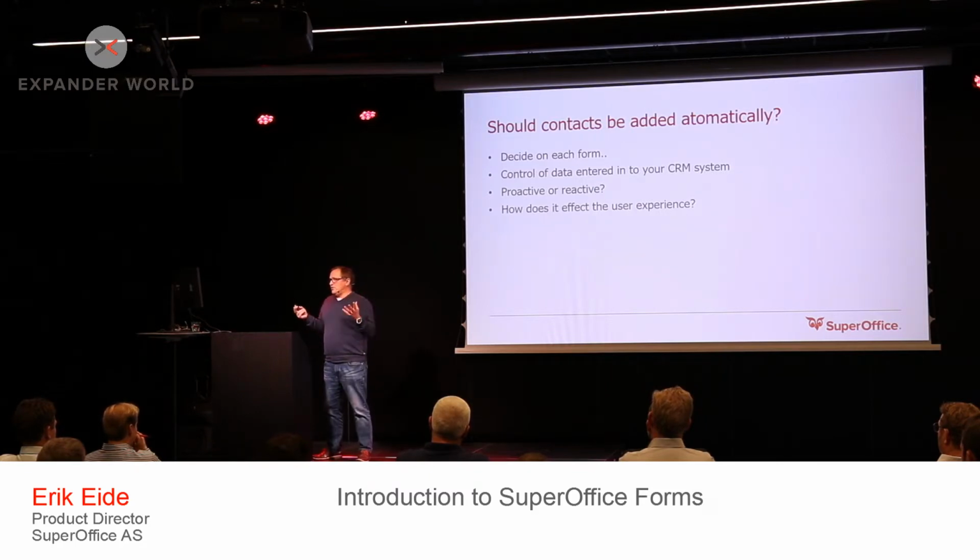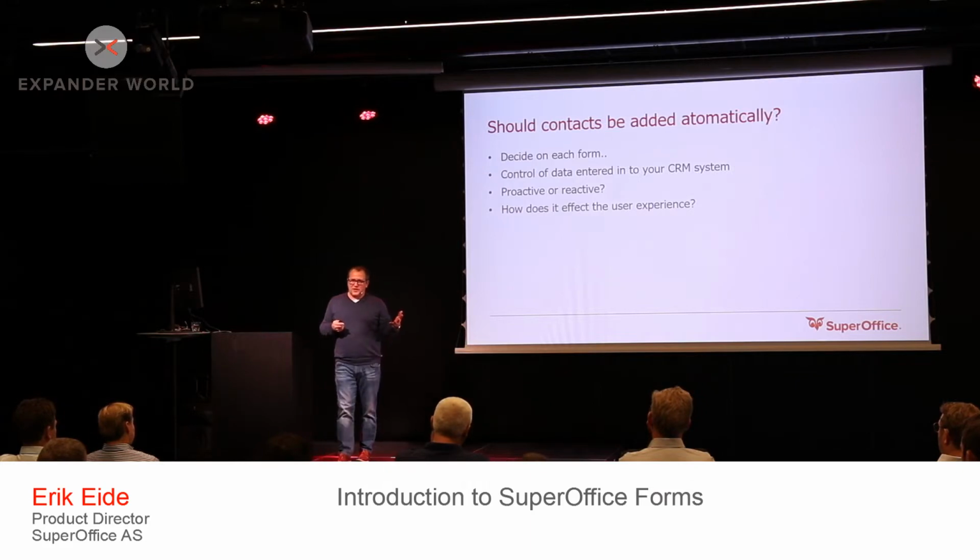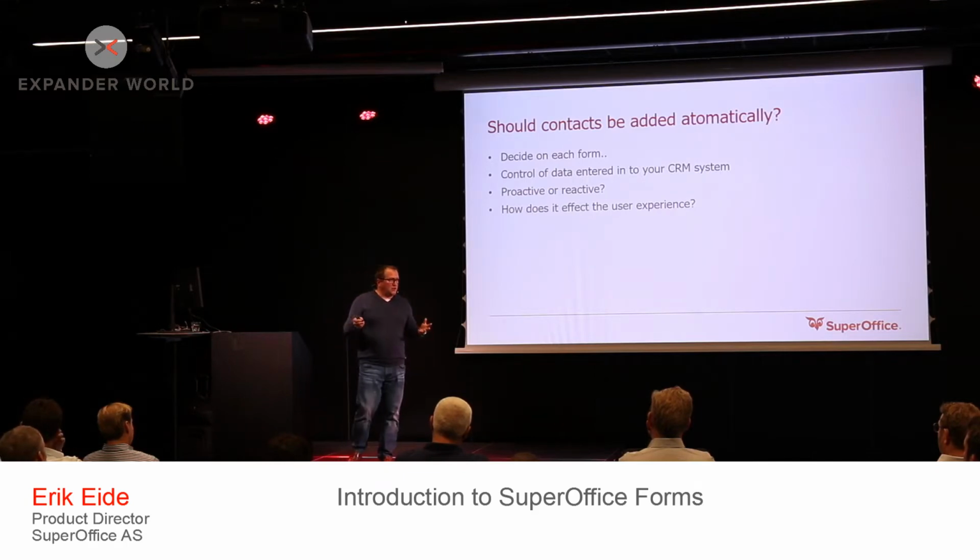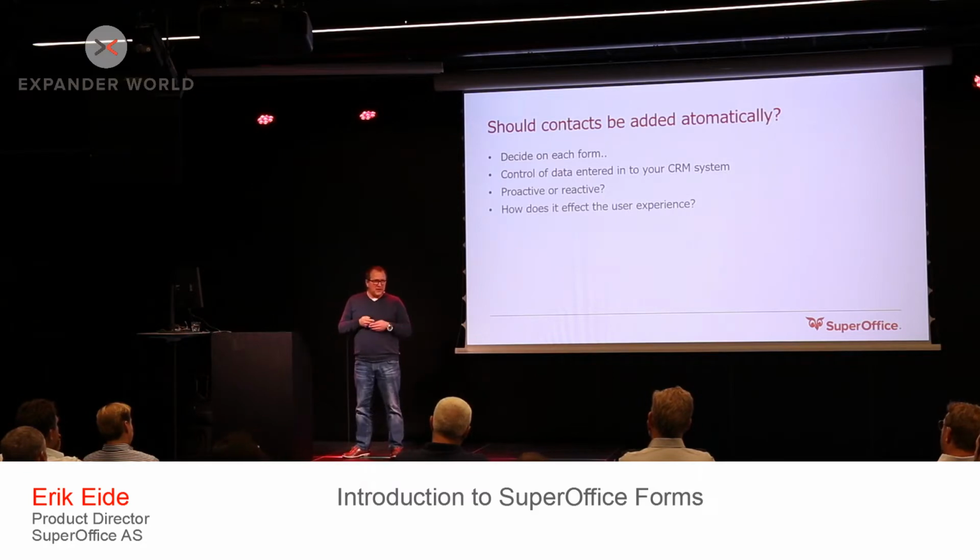So it's actually two approaches. Should I be proactive, trying to wash it out before it enters as a person in CRM, or should I do that afterwards when I start working with the response that this person gave me?